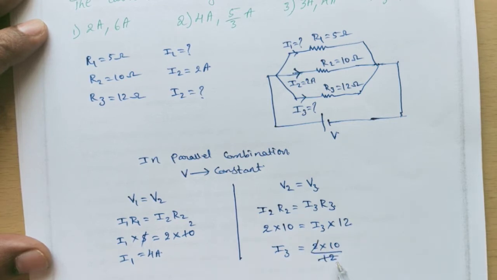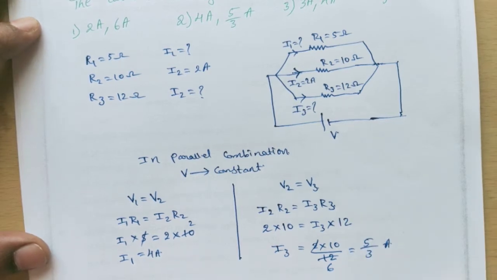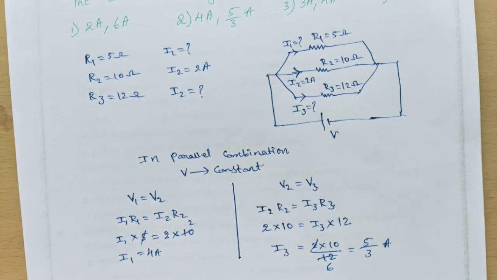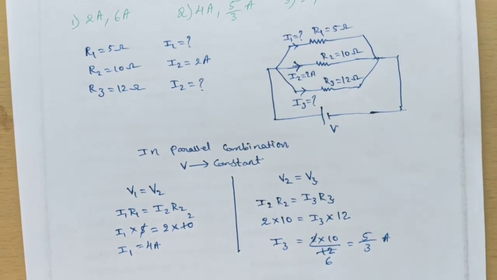This one is 6. Here 5 by 3 ampere is the result for this. So now we have calculated I1 is equal to 4 amperes and I3 is equal to 5 by 3 amperes. These are the different values for currents along the resistances R1 and R3. Okay students, right.